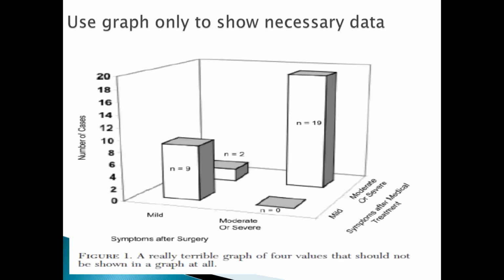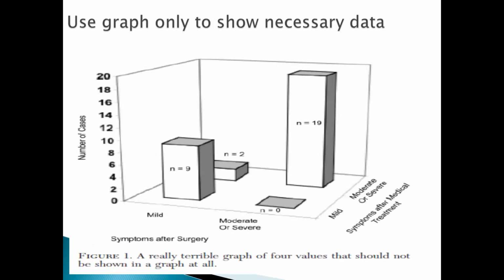And another important point is that just because we need to use a graph, I have even seen certain guides tell you to please use some graph in your study. But it's you who needs to decide whether that graph is necessary or not. For example, this is one graph which was actually published in an article, and the heading they gave is a graph which should not be there.